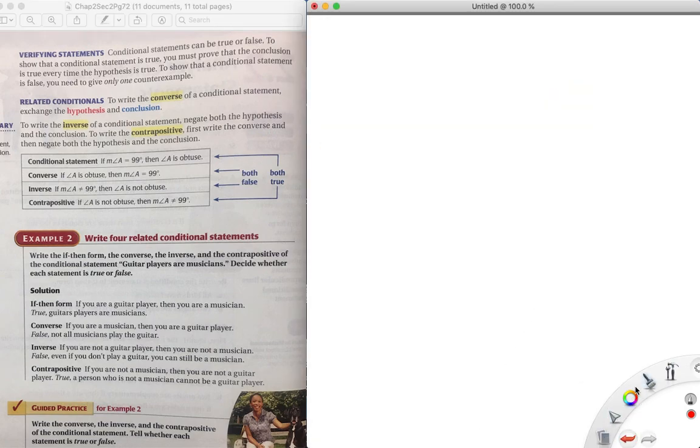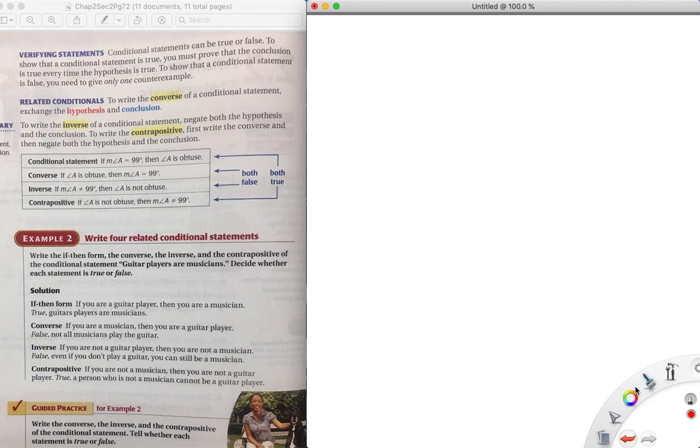We can have a conditional statement, and we can have a conditional statement that's false. And there's ways to do these conditional statements. And in order to prove something false, we just have to give a counterexample. So before we get to proving conditional statements true or false and counterexamples, we have to find out the various ways of doing a conditional statement.